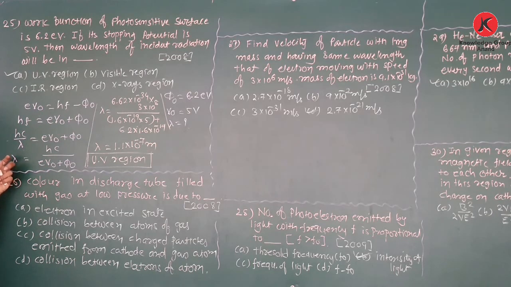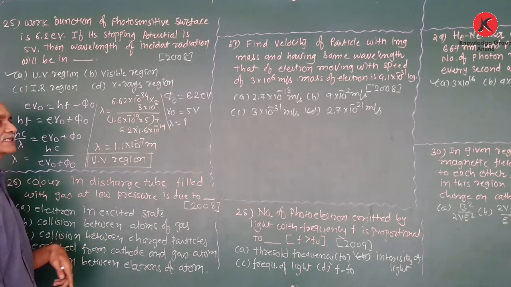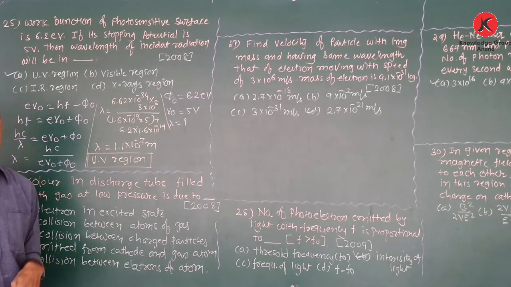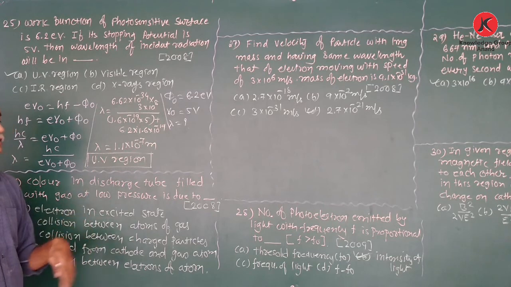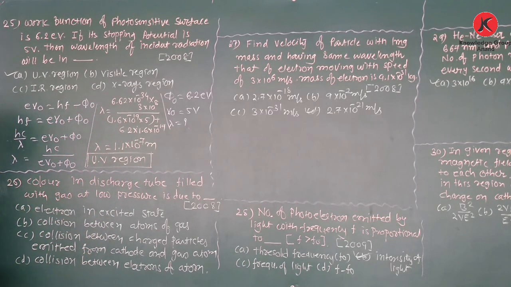We require the wavelength lambda, therefore lambda is equal to hc upon eV0 plus phi 0. Substituting all the values, you obtain the wavelength 1.1 into 10 to the power minus 7 meter, that means 1100 angstrom. Therefore, that radiation lies in the UV region of the electromagnetic spectrum.